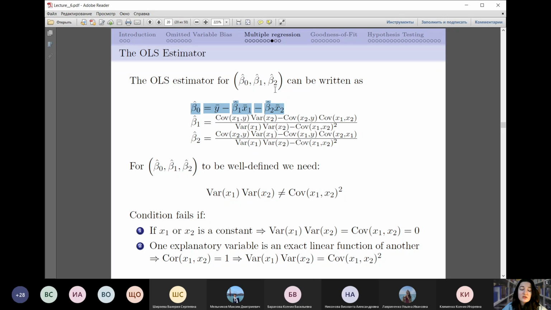Good news that during our course, you don't need to calculate these formulas manually, Stata will do this for you.